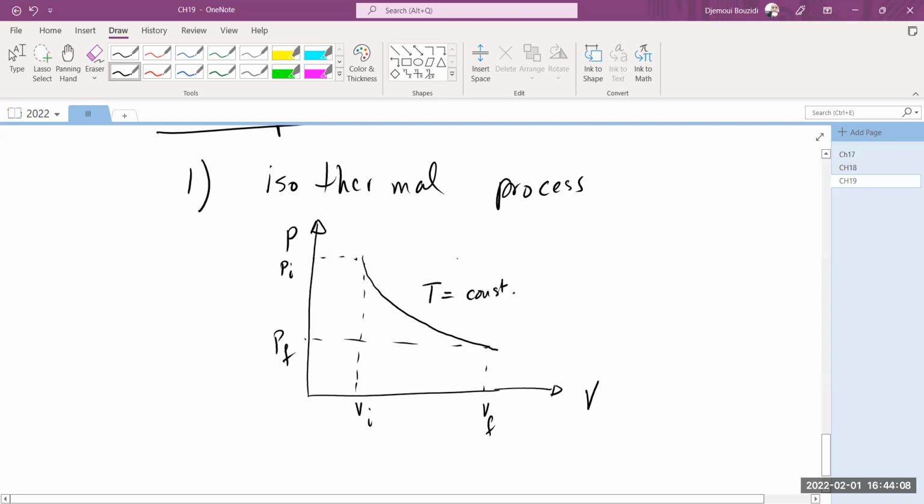Okay? So in other words, PI VI is the same as PF VF. It's the same nRT. The temperature doesn't change. T is fixed. That's what isothermal means. That means delta T is equal to 0.